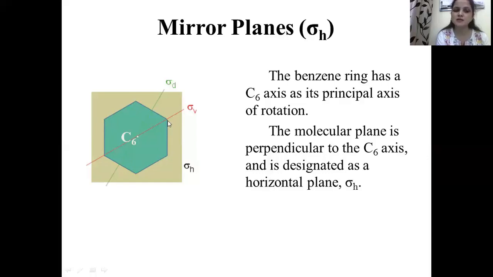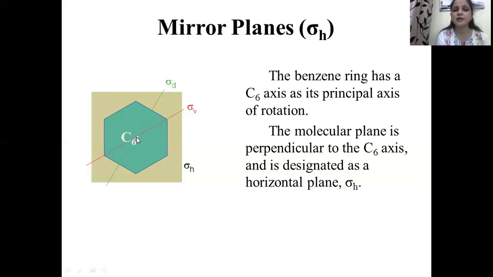So if these 6 atoms are placed at equal distance in 360 degrees, then 360 divided by 6 is 60 degrees, meaning I rotate through 60 degrees to get the identical structure. So this is the C6 rotation axis.